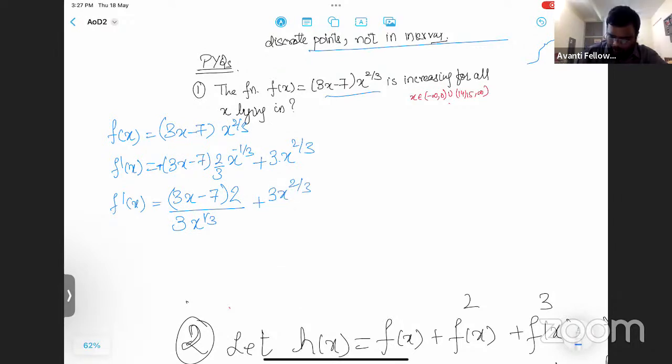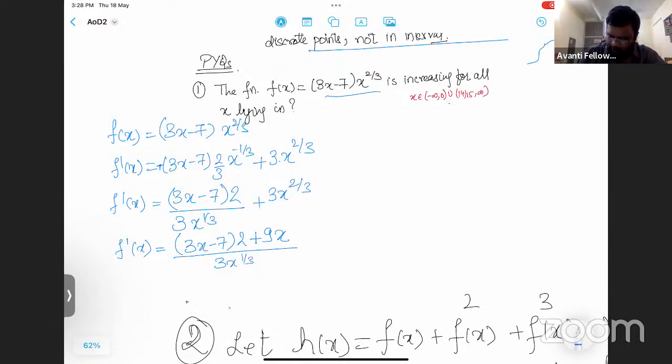I'll take the LCM. f dash x is equal to (3x minus 7) into 2, plus x power 1 by 3 into x power 2 by 3, that will be x, so this will be 9x, whole divided by 3x power 1 by 3.